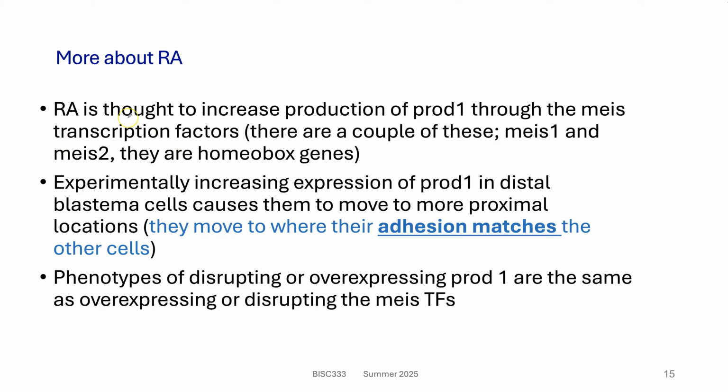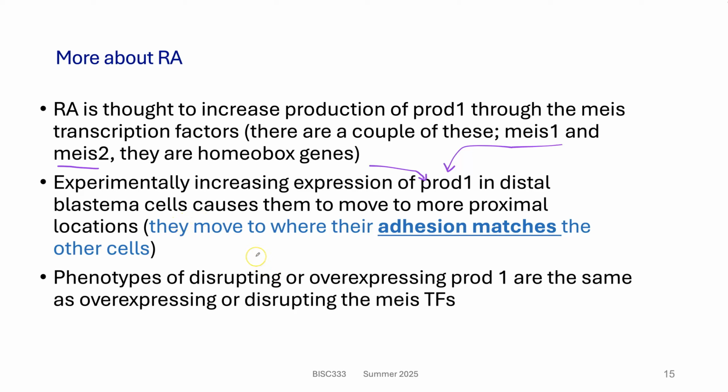So retinoic acid isn't a transcription factor itself, but it activates two homeobox transcription factors. There's more of these Meis genes, but these are the two, Meis1 and Meis2. They are the ones responsible for the actual transcriptional activation of PROD1.